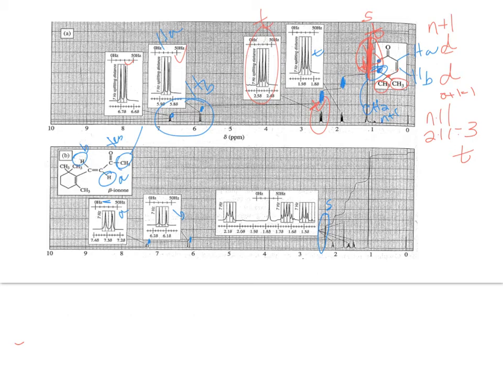Okay, so that would be HC, and it's a singlet. So you can see that would be 3 protons. There's your height, and it's a singlet.